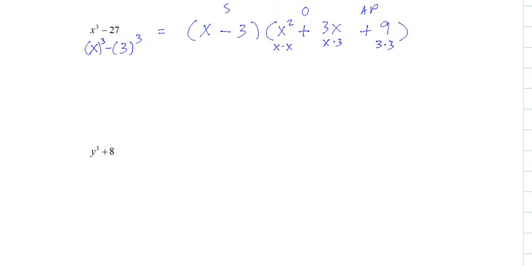So let's try another. So we set it up. This is plus, because it's same, opposite, always positive. And then now what is being cubed? So that's a y. That's a 2. So it's y plus 2.